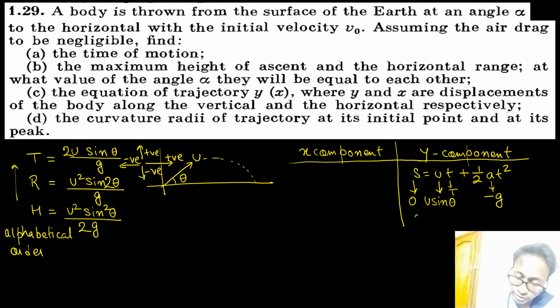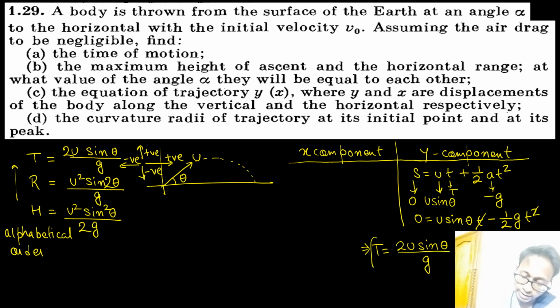So 0 equals u sin theta into t minus half g into t square. If we cancel out the t, what do I get? The total time of flight equals 2u sin theta by g. This is the first equation that I derived, the time of motion.